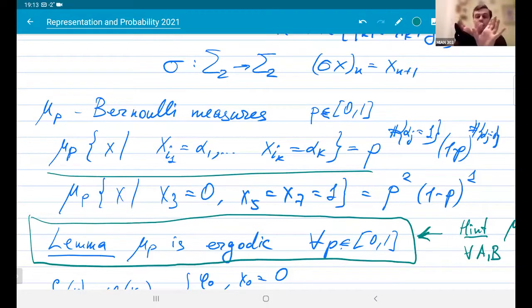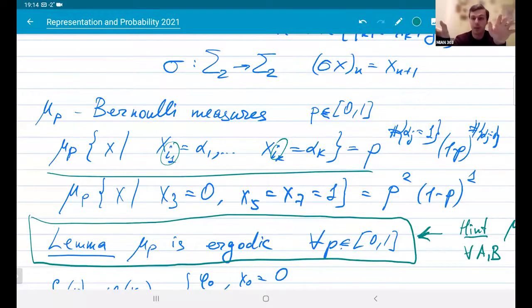But if you have two cylinders, A and B, and then you move one, you take n sufficiently large, then when you take the pre-image of a cylinder, you just shift these i_j's by 1. Figure out in which direction. And if you wait sufficiently long, then the conditions for A and the conditions for the pre-image of B lie on different segments of the real line.